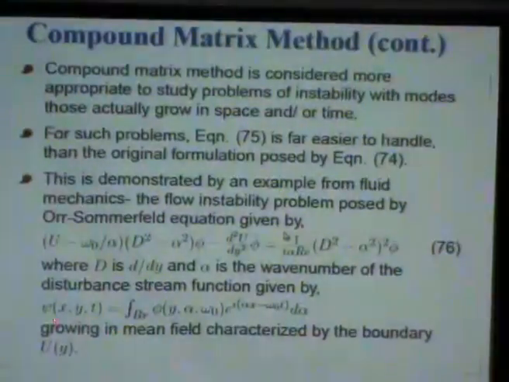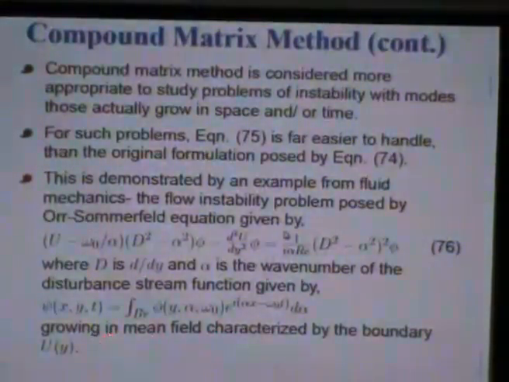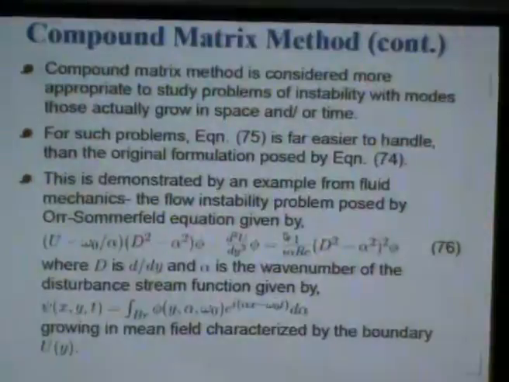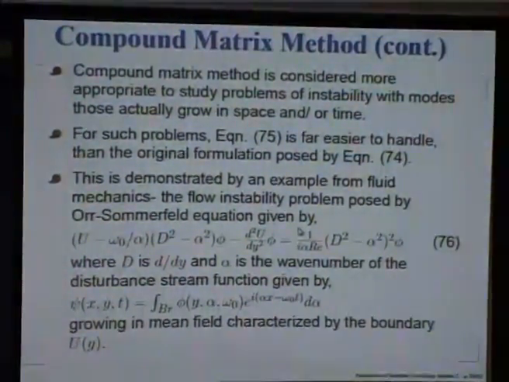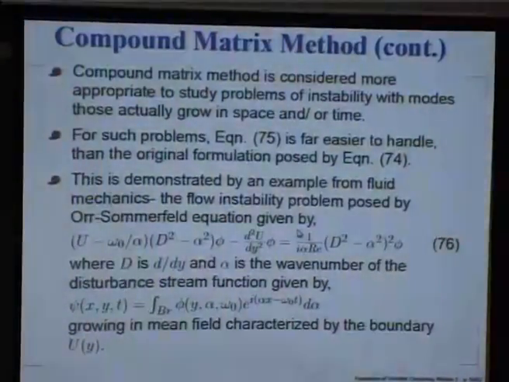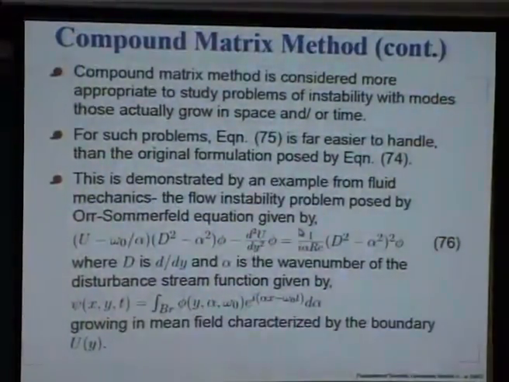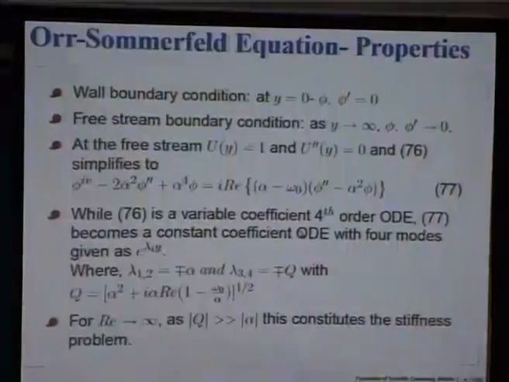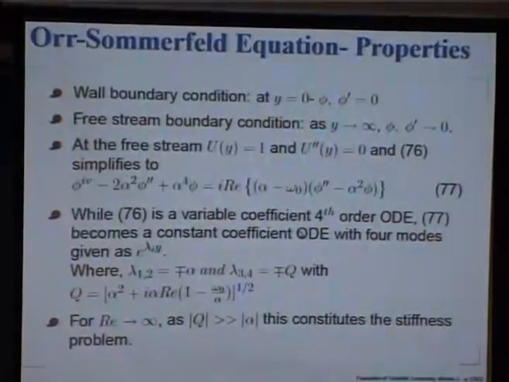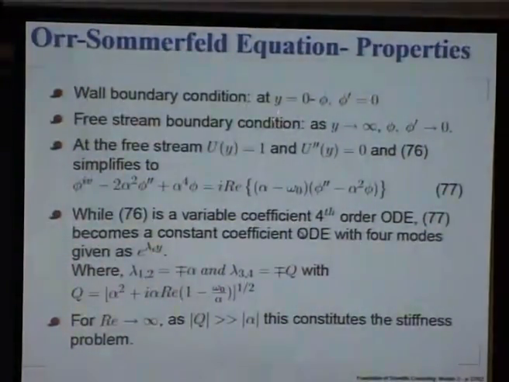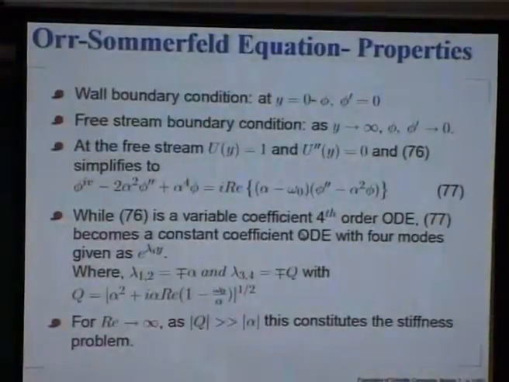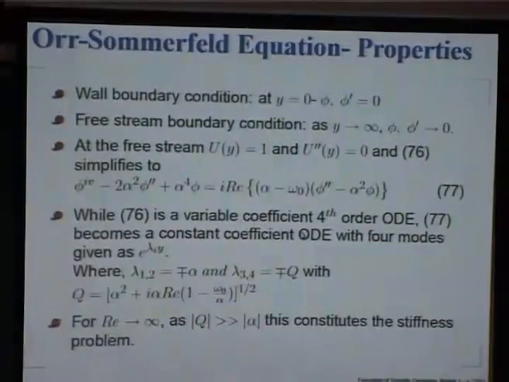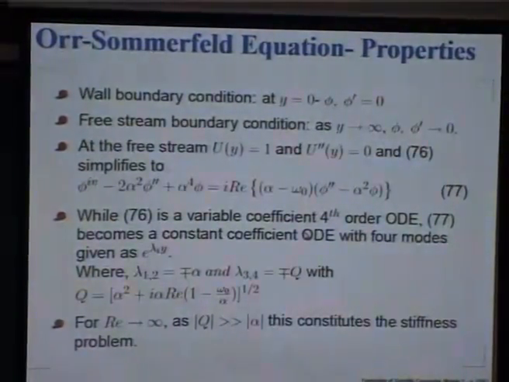And okay, so this is the statement of the problem, and as you can see, we have just shown how this has to be converted into a sixth order system. And the boundary conditions, well, I have written it down, phi and phi prime equal to 0, but if you give an excitation here, you do not need to do that. You have a specific finite disturbance being given there.